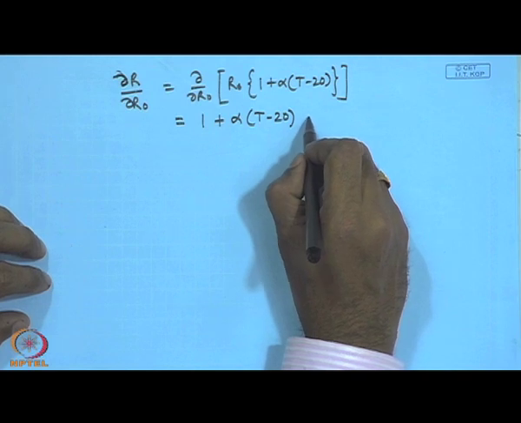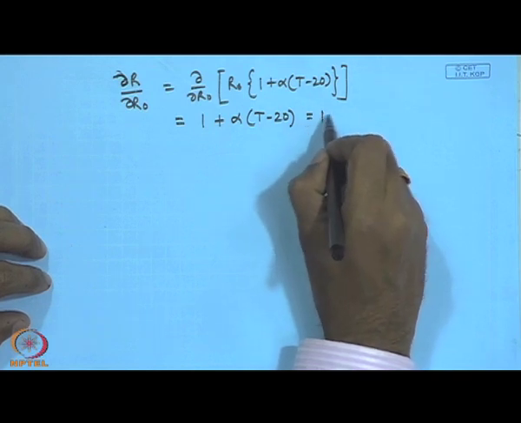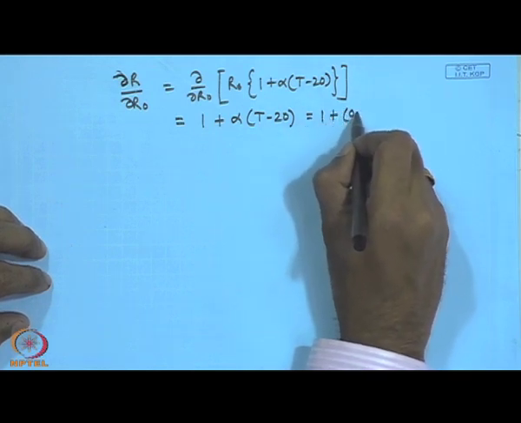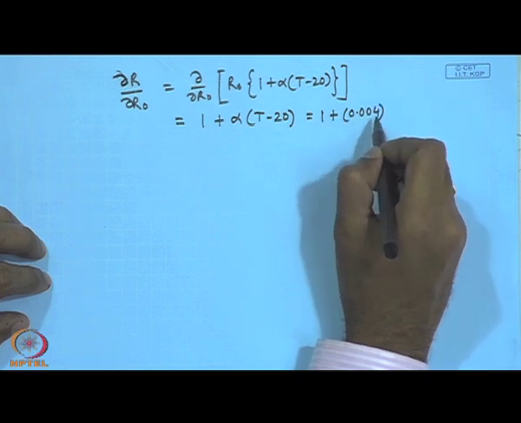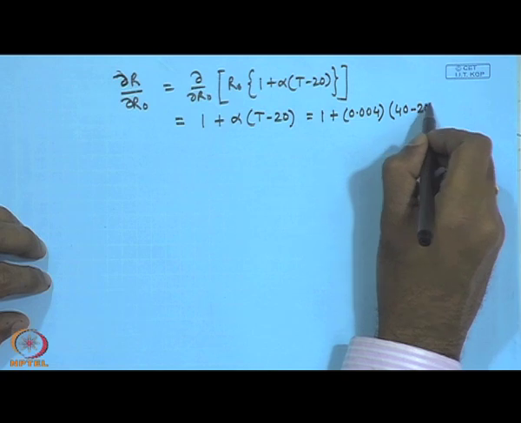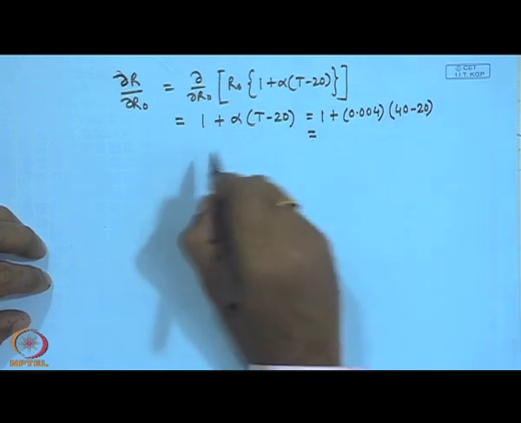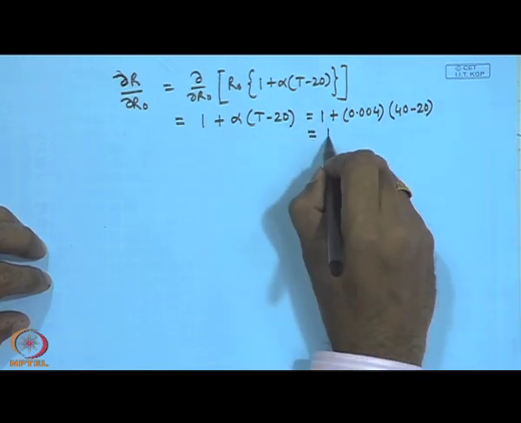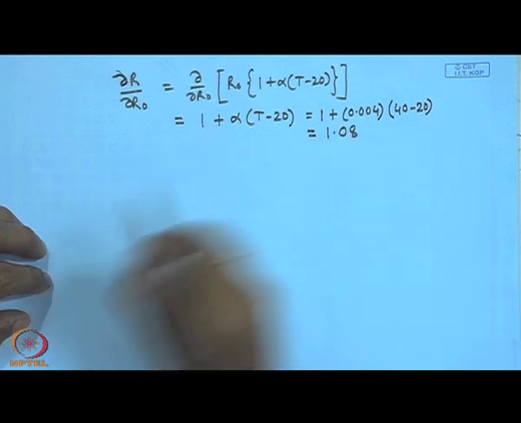So, if I put the numerical values, alpha is 0.004 and T is 40 minus 20, it will come as 1.08.